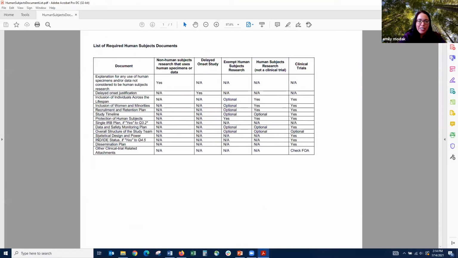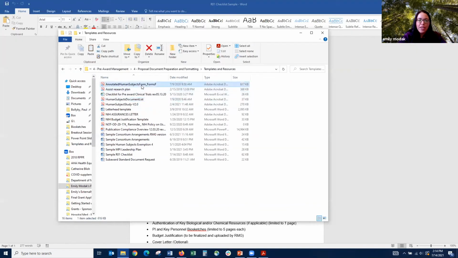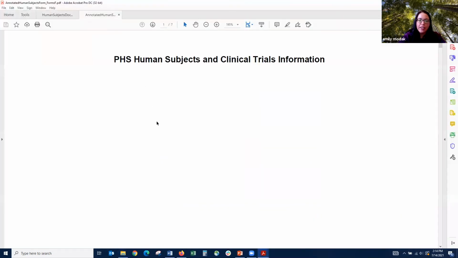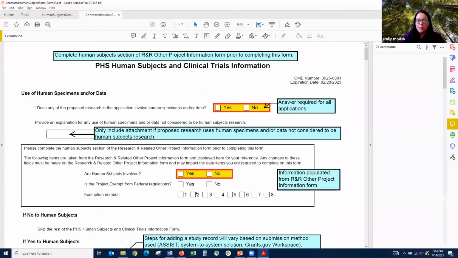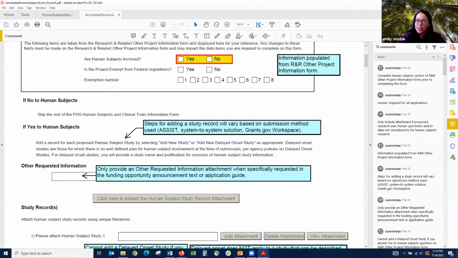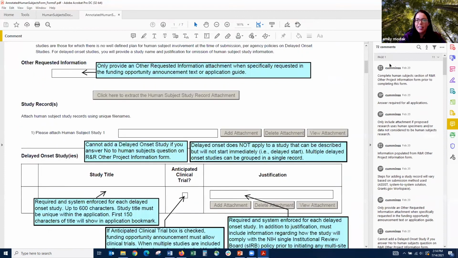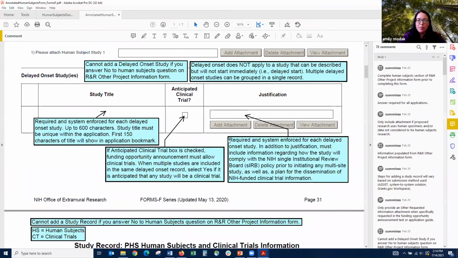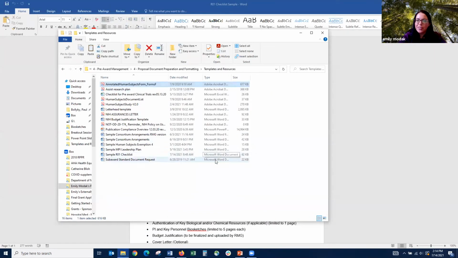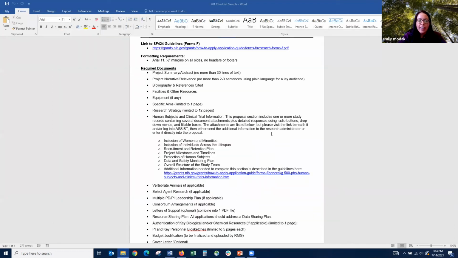We cannot discern between these documents, but we can certainly give the PI resources to help them. So we have that checklist, and we also have the annotated form, the full human subjects form, and it's got all the notes of everything that goes into these attachments. So if they say, I've never done it before, you say, no problem, here's a resource to get you started. Okay.